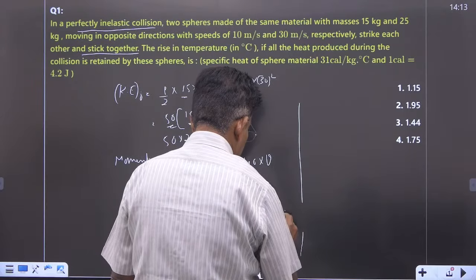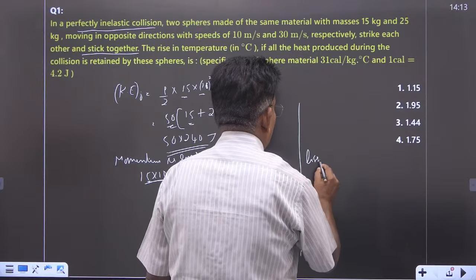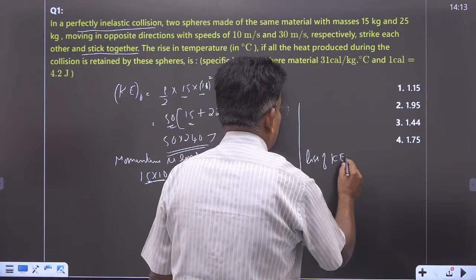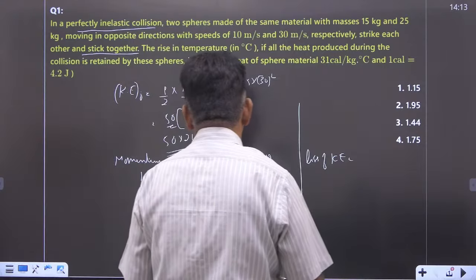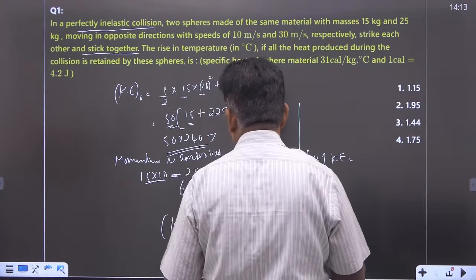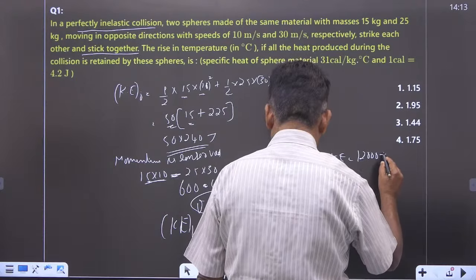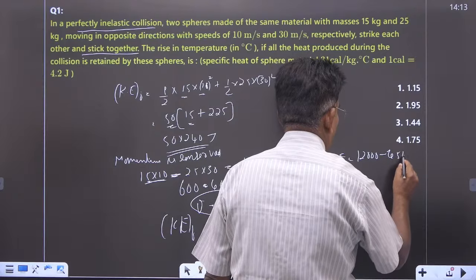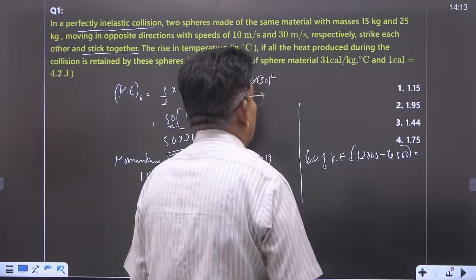Okay. Then the loss of kinetic energy is coming to be 12,000 minus 4,500. This is converted into heat.